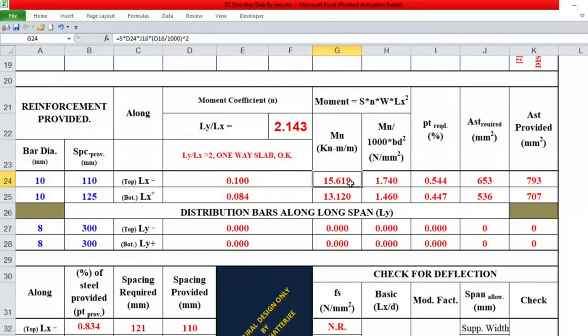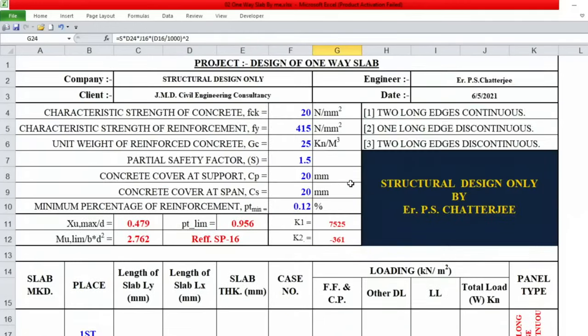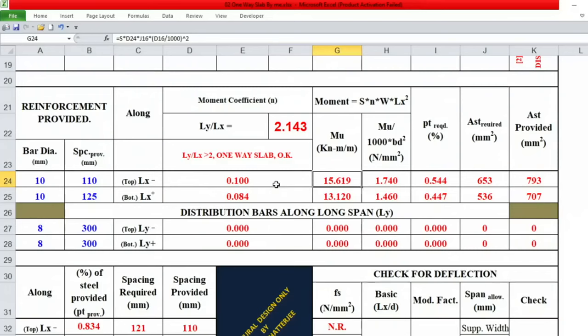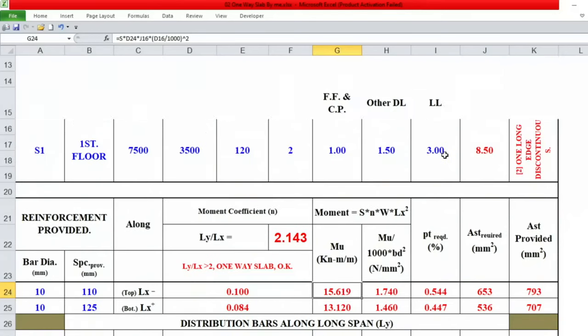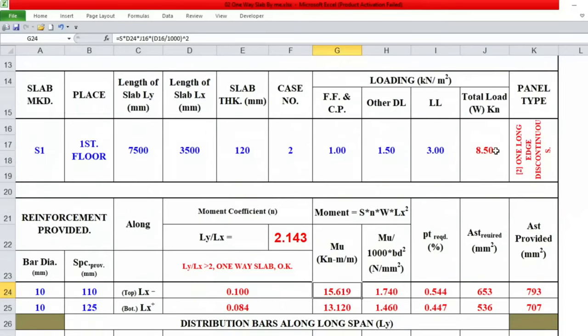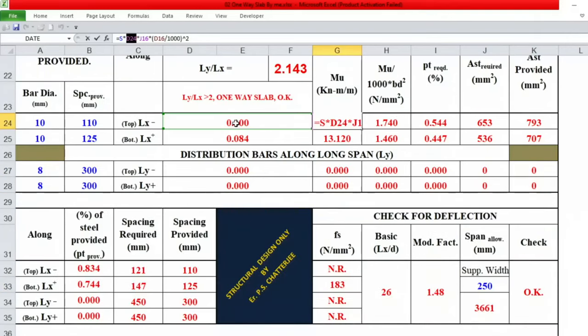Mu is equal to partial factor of safety, into total load J16, into moment coefficient. This is total load and this is distance Lx square.